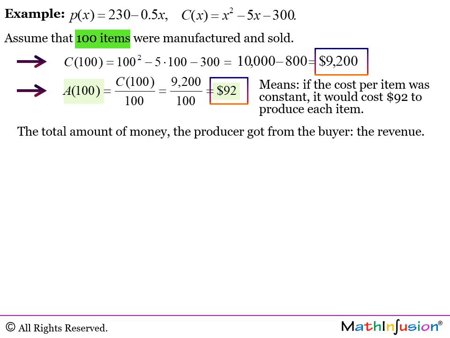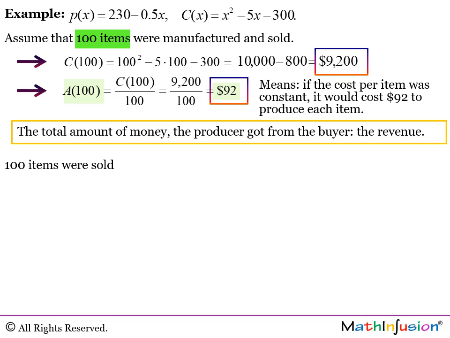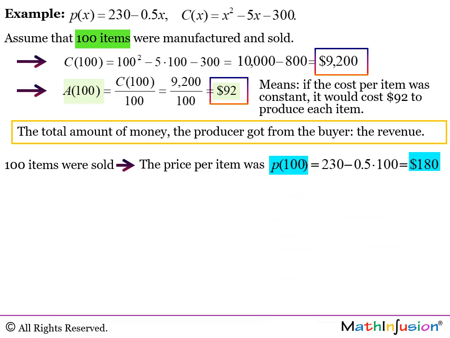The total amount of money the producer got from the buyer is the revenue. Let's calculate the revenue. If 100 items were sold, then the revenue is the price per item times the number of items. First, we have to find the price per item.